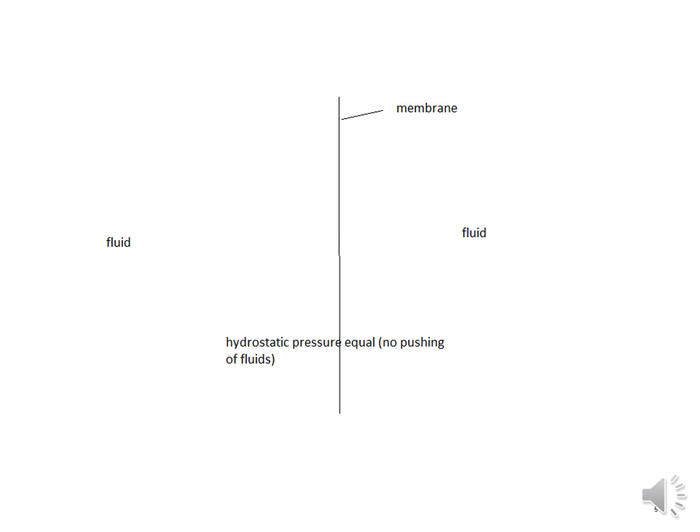Whenever the hydrostatic pressure on both sides is equal, there's no pushing of fluids going on. The goal of filtration is to have both sides equal. The body's constantly trying to seek equilibrium, and when it gets there, filtration stops and fluids remain in their respective areas. This will make more sense of how it works in the body as we go along.